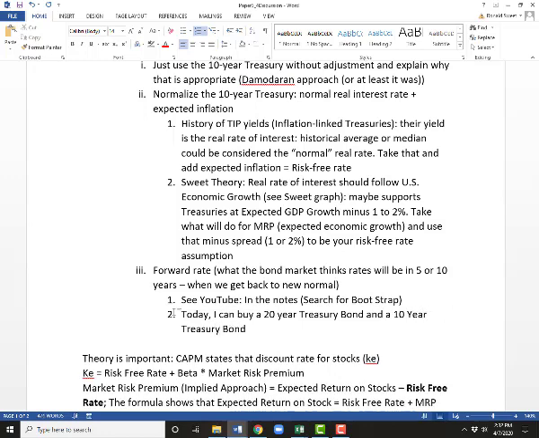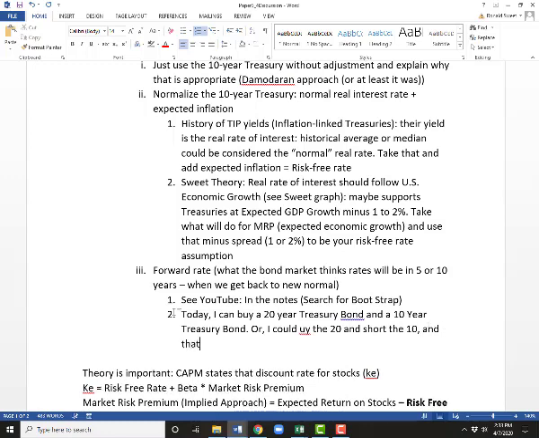I think in the video I do 10 and 5 years, but here 20 and 10. Or I could buy the 20 and short the 10, and essentially that would give me a 10-year treasury in 10 years. That's essentially what it is.